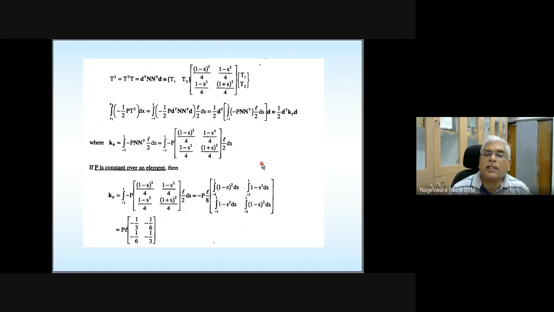And you can see here what is the need of mapping. We require mapping because we learned Gaussian integration, or Gaussian quadrature, where it is better to have limits from -1 to 1. That is the reason for this mapping: mapping the actual element to a parent element with node 1 at s equal to -1 and node 2 at s equal to 1. So the integral becomes one with limits -1 to 1.